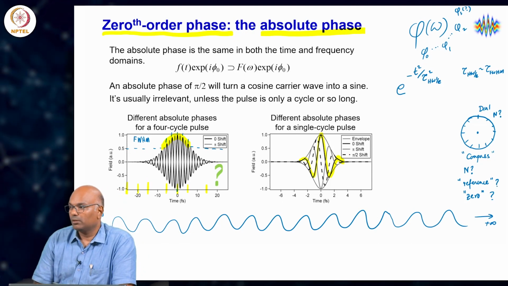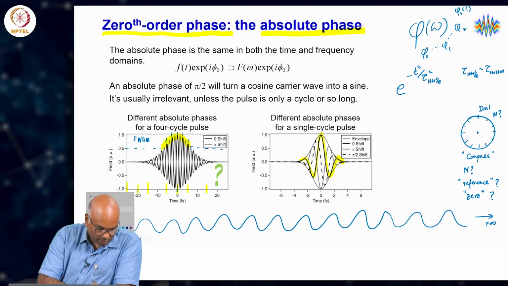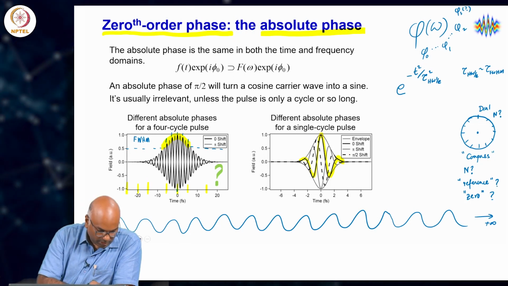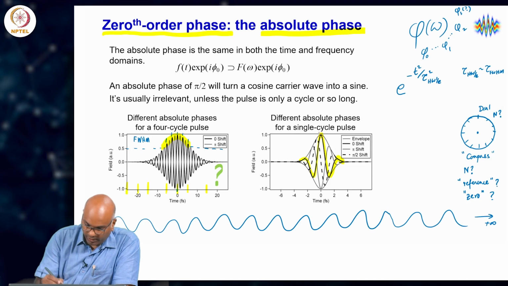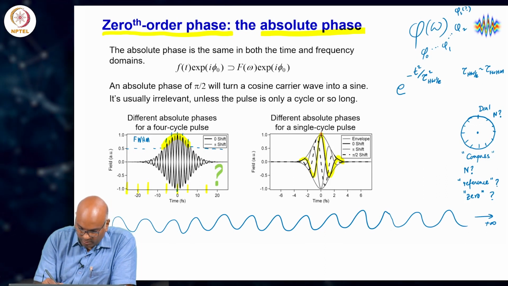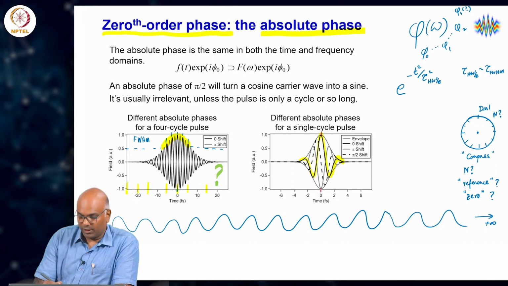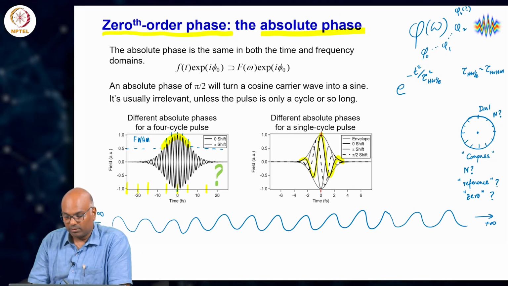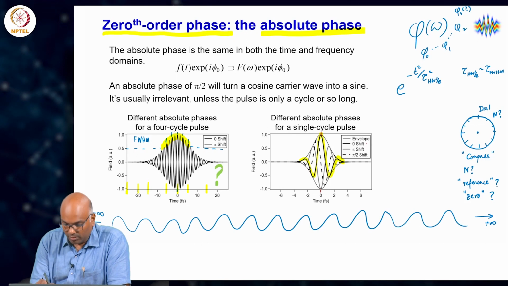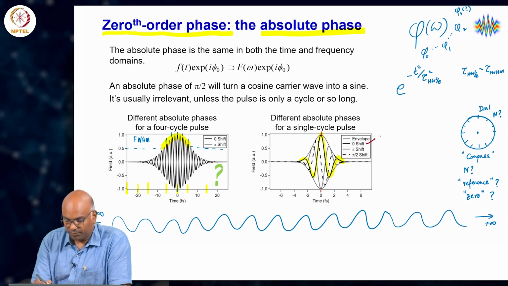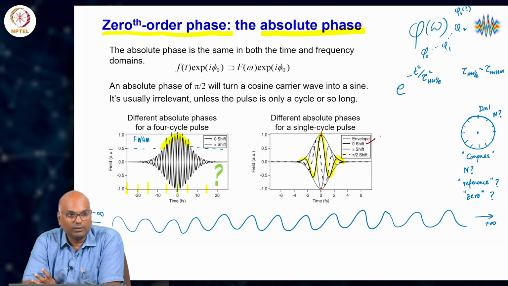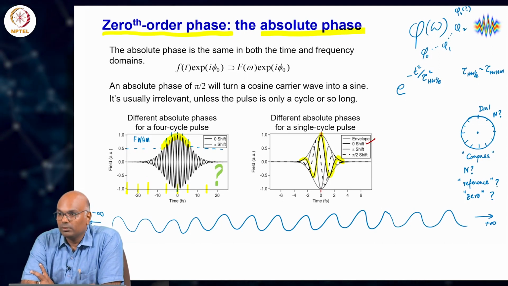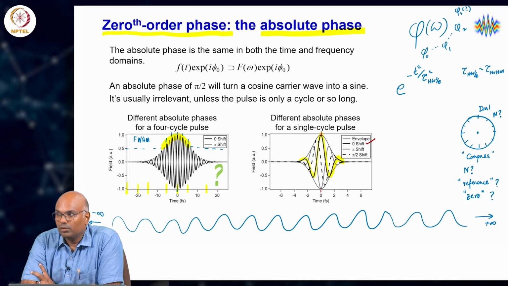Agree? And where is that point? The maximum of the envelope is also my 0 point. So the maximum of the carrier of this 0 shifted pulse matches that of the envelope here, right?